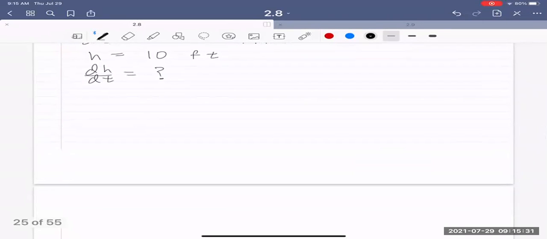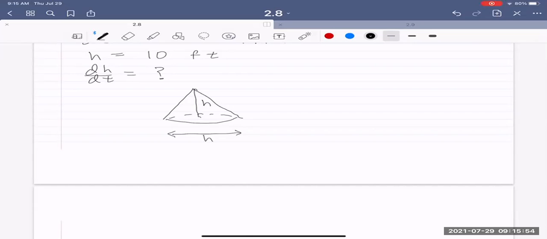Note in our particular situation for our cone, I want to write everything in terms of h, the height. So this is the height h. But recall that the diameter is equal to the height.